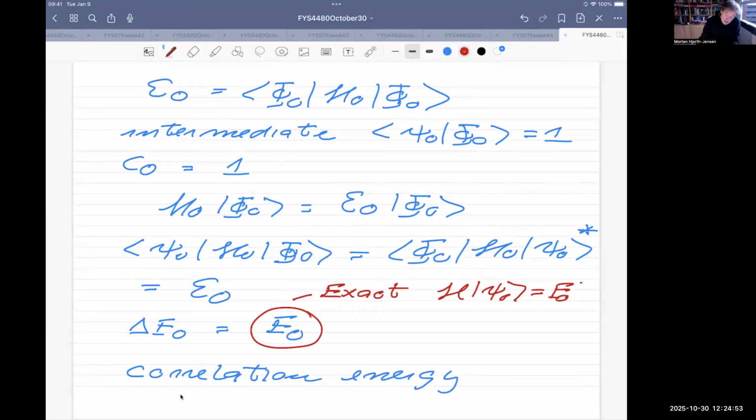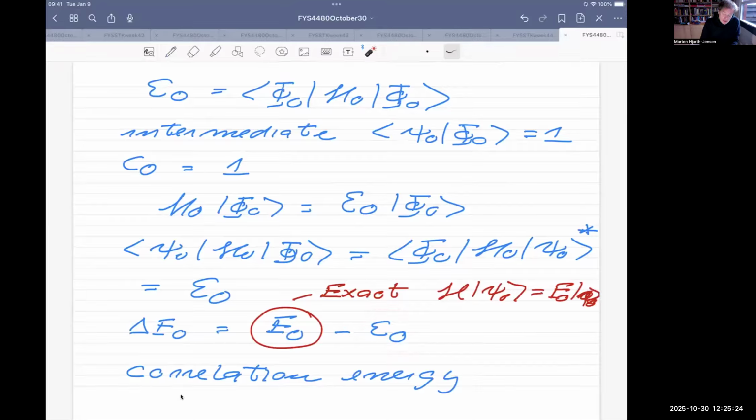So that gives us this equation, and this should be a psi 0. And this term which we have here, this epsilon 0, which we defined above, is the quantity which will define the correlation energy. This is a little bit different from what we had in full configuration interaction theory, because in full configuration interaction theory, what we did was to subtract from that one the total reference energy.